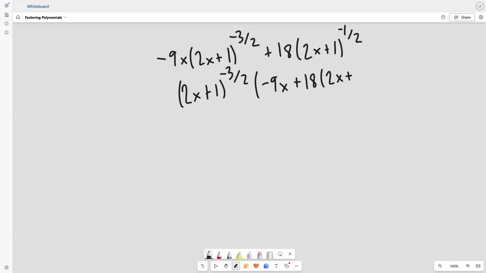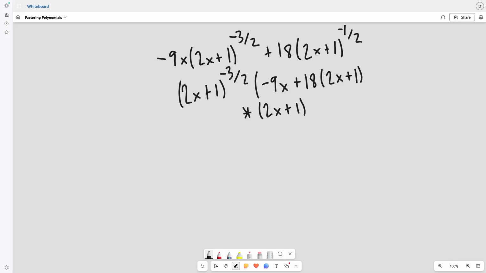And now, what power will this 2x plus 1 have? Well, if you remember from previous videos, we can use the quotient rule of exponents.